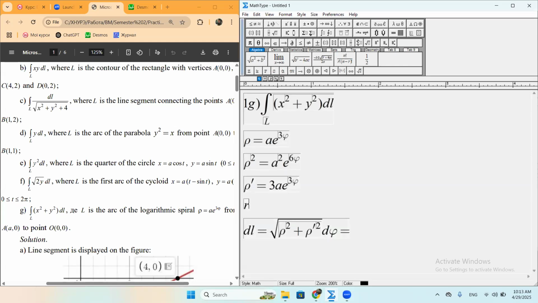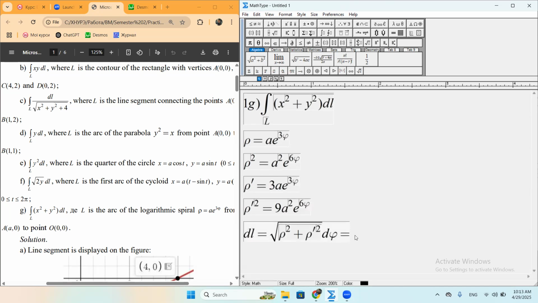Rho prime square will be equal to 9a square e in power of 6 phi.